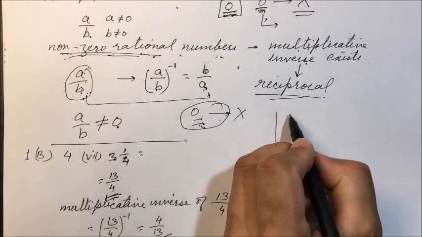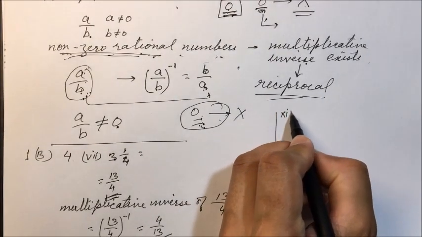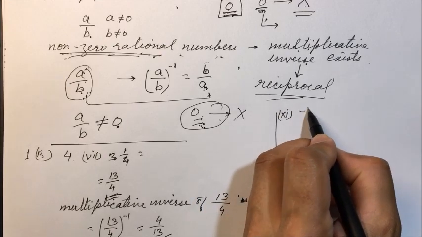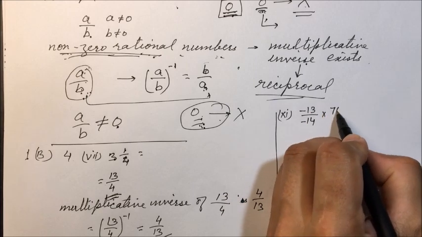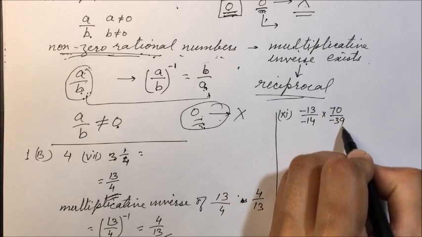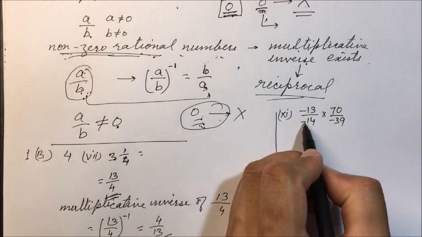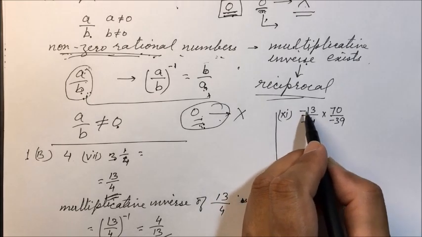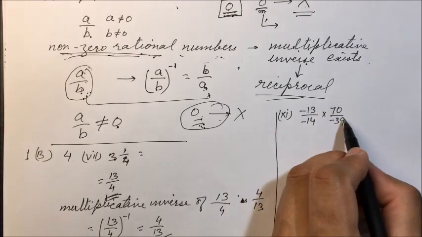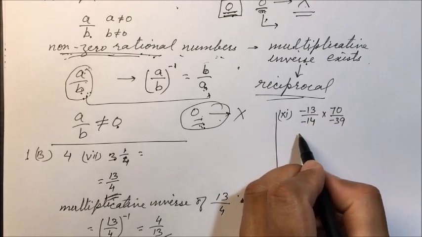So next I am taking the 11th. Minus 13 upon minus 14 into 70 upon minus 39. So minus minus becomes plus; any two minus signs cancel. So I am cancelling these two.